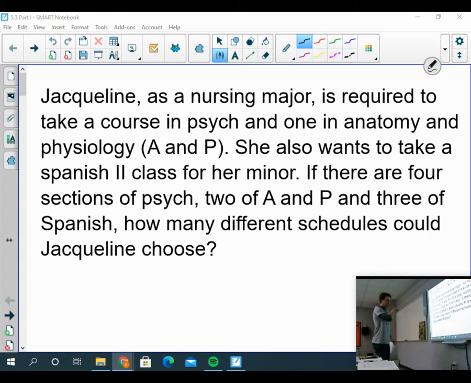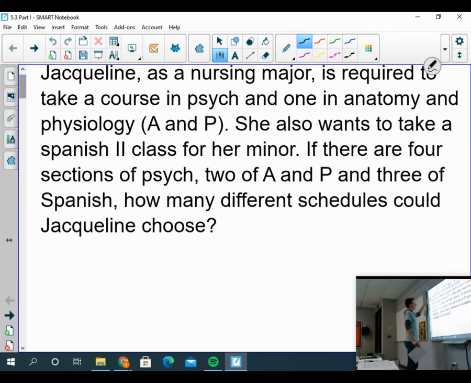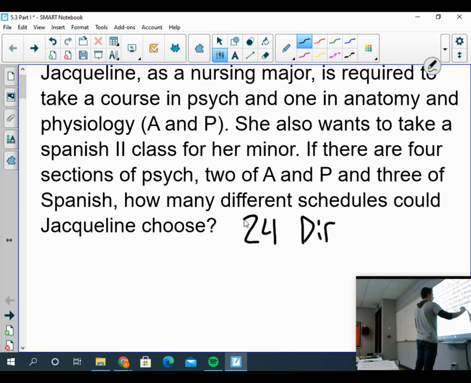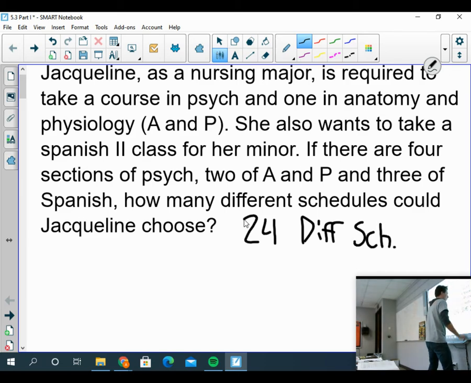Well, there are a couple different ways to look at this. For one, now that you've solved it, you might have come up with the answer. What I hope you came up with was 24 different schedules. Now, some of you probably came up with this number by multiplying 2, 4, and 3, right?